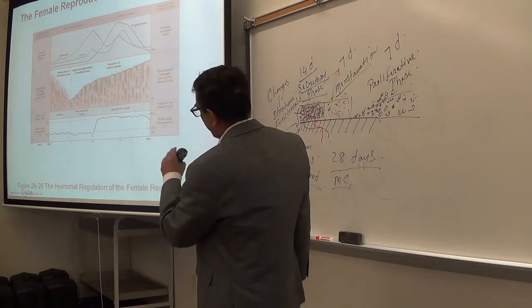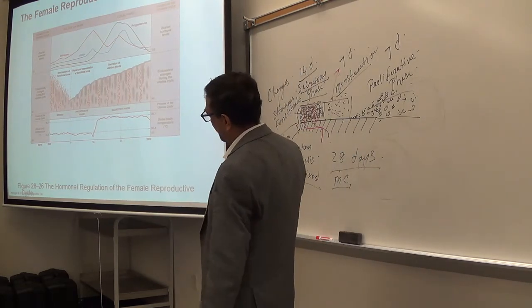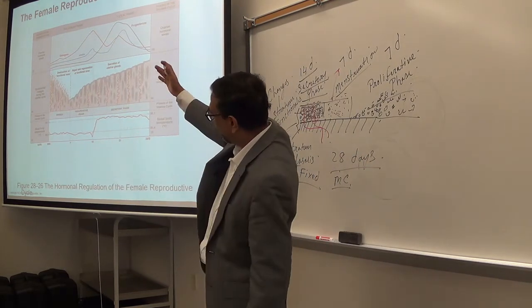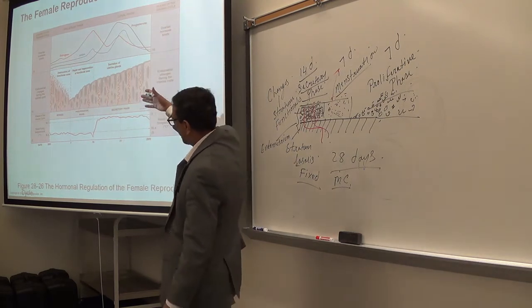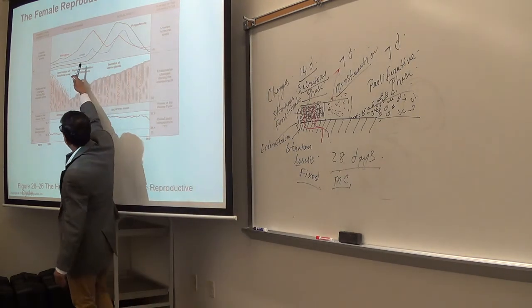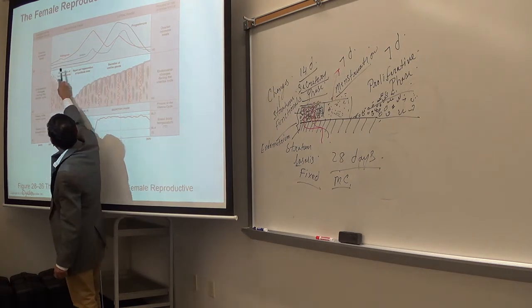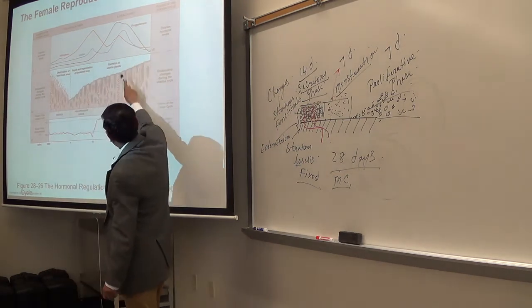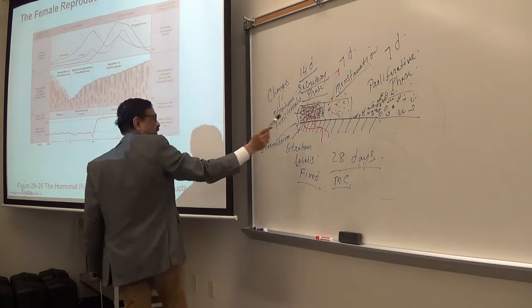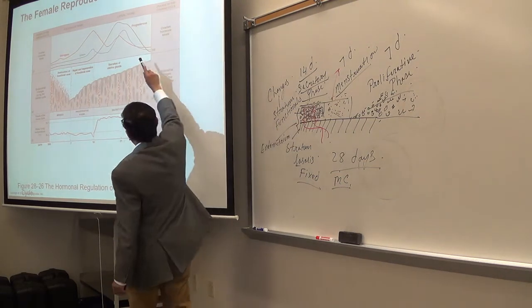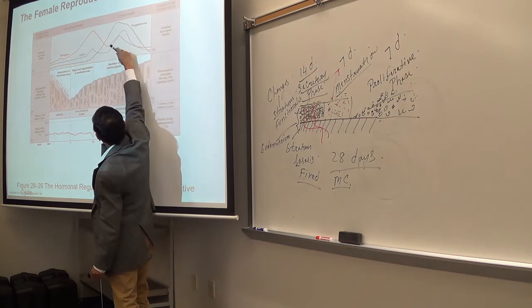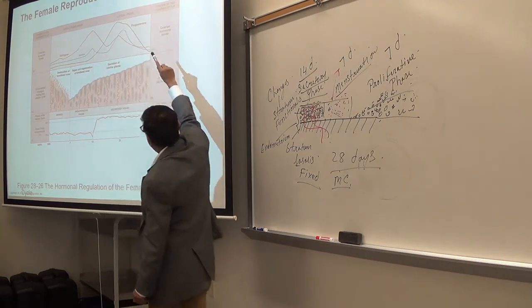Only focus on those two, estrogen and progesterone, although inhibin is also released by the corpus luteum. So let's see here. This is the secretory phase. You see the progesterone level is very high in the blood.